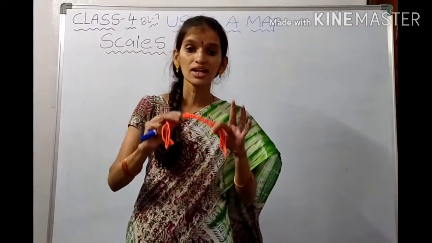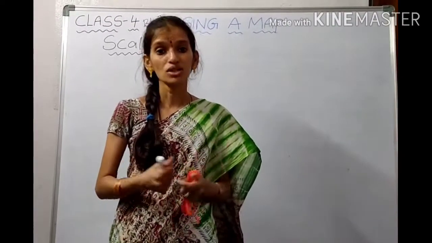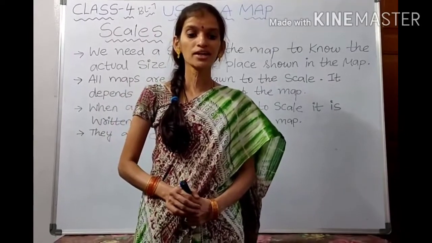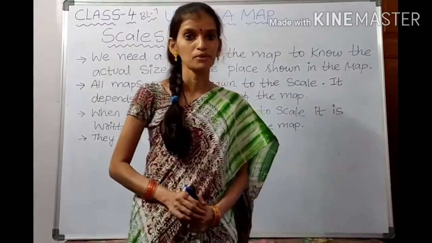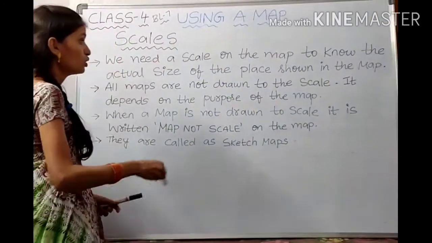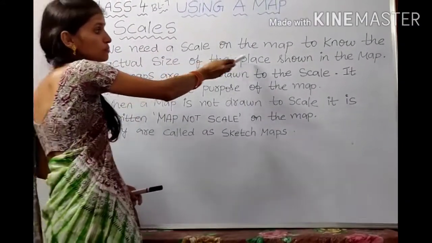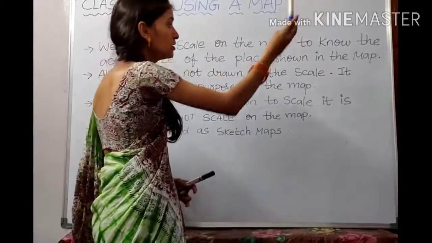So the scale helps us to know the map. Why do we need a scale on a map? We need a scale on the map to know the actual size of the place shown in the map.